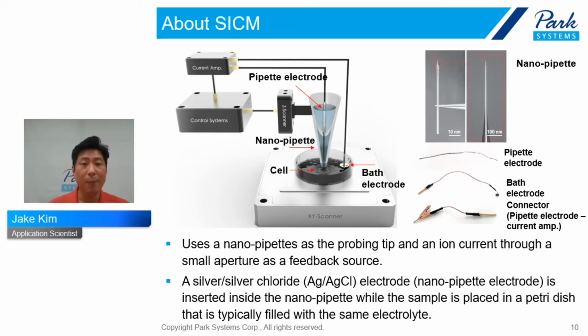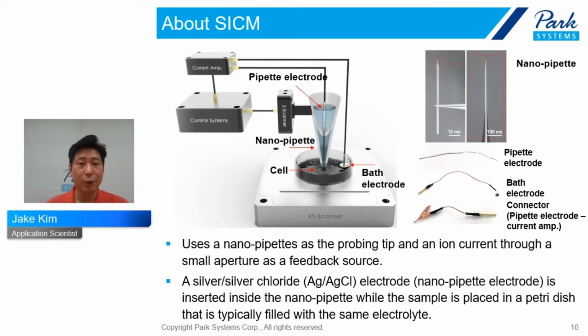The inner diameter of the nanopipette is typically around 100 nanometers, and two electrodes are introduced. One is the pipette electrode and the other one is the base electrode.